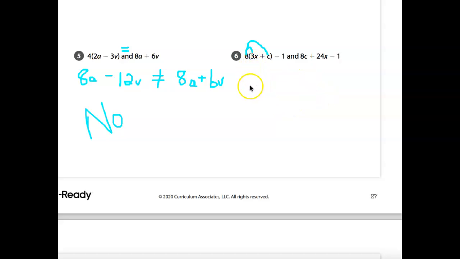Put down 8 times 3x, write that here, plus 8 times c, write that here, minus 1 equals, and see if what you get equals 8 times c plus 24x minus 1. Okay? All right, great. All right, let's move on to the next page.